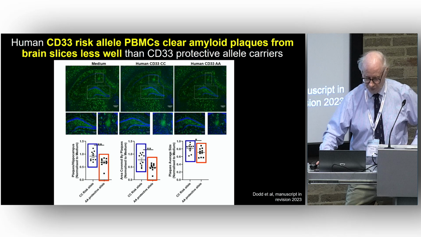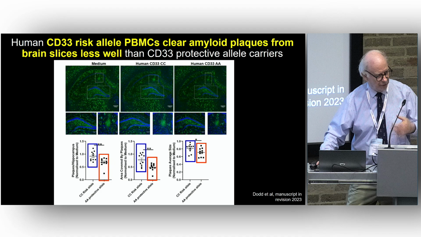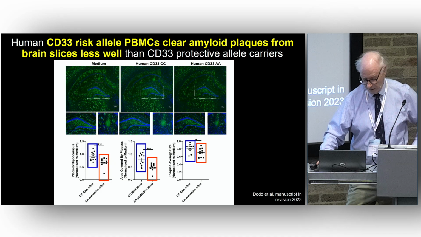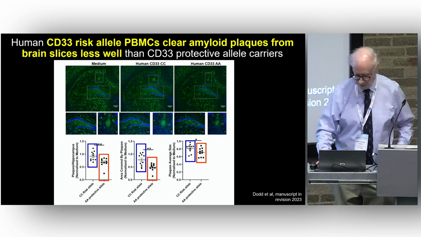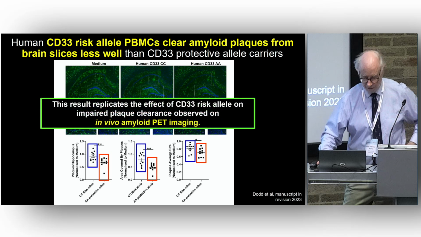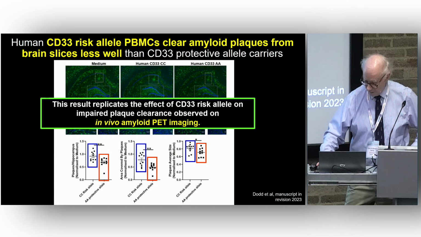In contrast, when you did the same thing with PBMCs from risk allele carriers, you could see that these risk allele carriers were unable to clear the plaques as well as the AA allele carriers. Again, this is essentially the analogous result to what could have been done in vivo in humans with amyloid PET scans. So the assay seems to be robust.